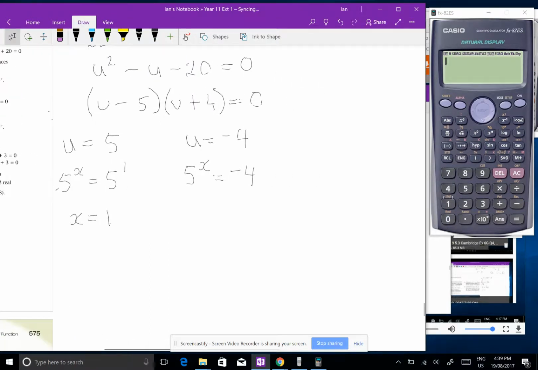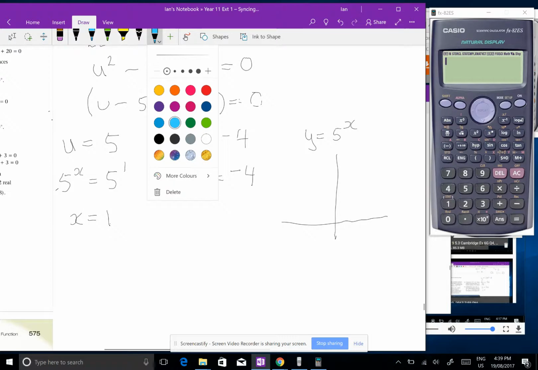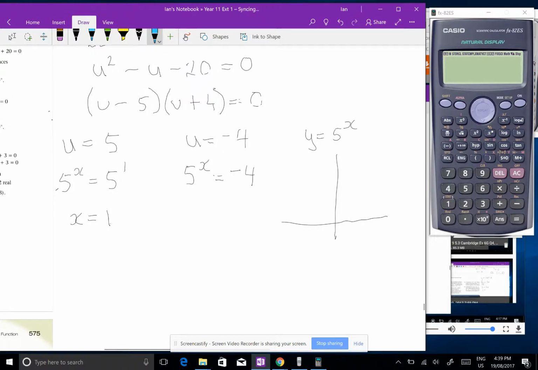Well, if we remember our equations, if we were to graph y equals 5 to the x, we would remember that it looks like an exponential curve, which whilst approaching 0, never touches it and is never negative.